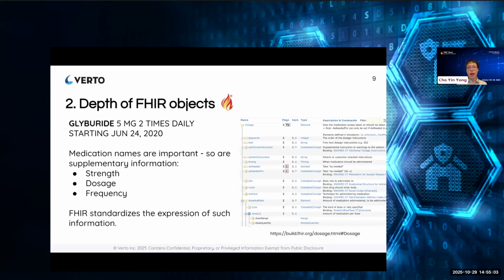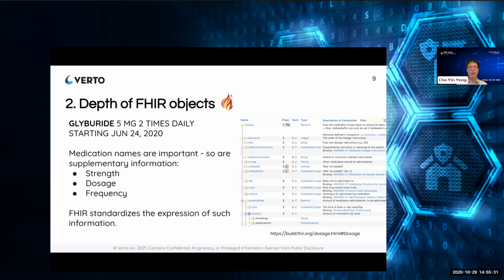The second reason why we should NLP to FHIR is solely because of the depth that FHIR objects provide. Here's another note example. Glyburide, 5 milligrams, 2 times daily starting June 24th, 2020. And so glyburide here is very important as something to keep track of in the patient profile. And a lot of clinical NLP libraries are able to correctly identify glyburide.